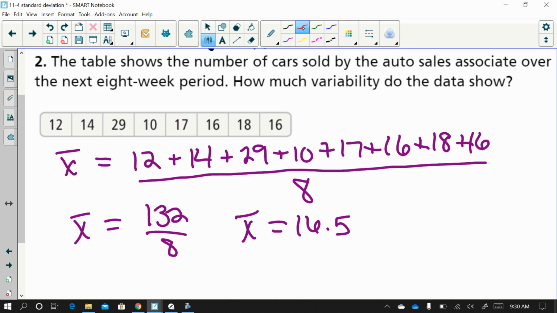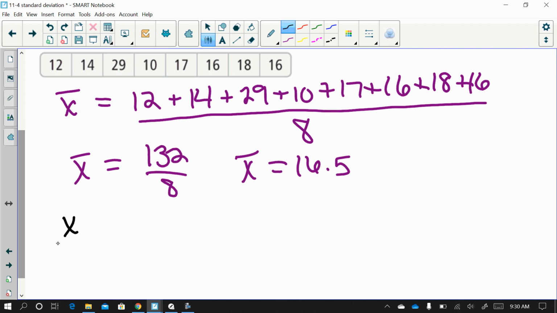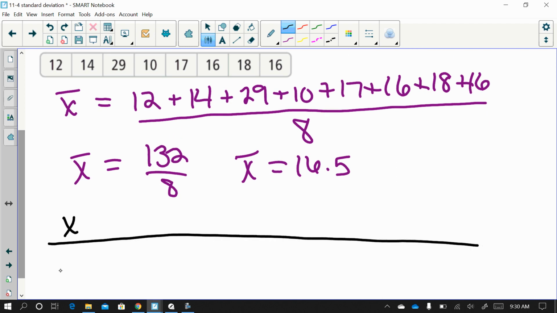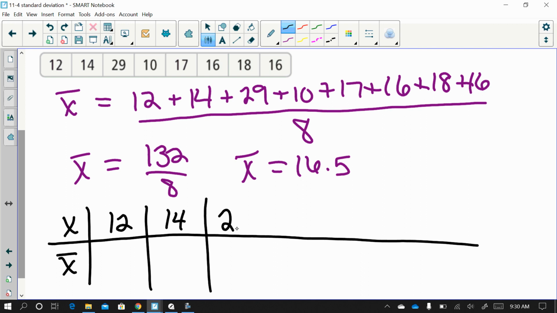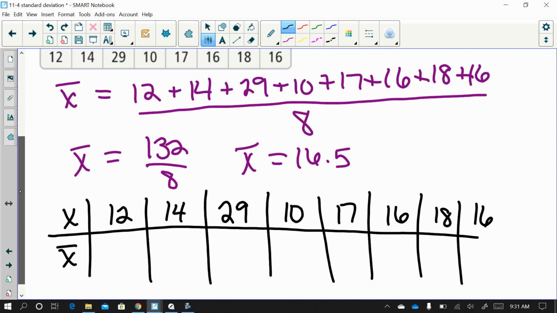Now we're going to set up our table. Okay, so remember we did x, then x bar. Okay, so start my x's. Okay, x bar again, we just found that.